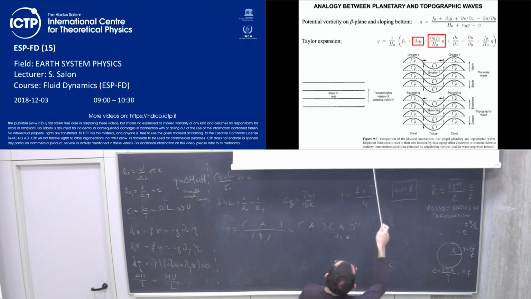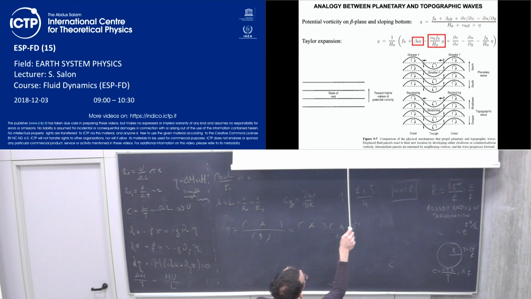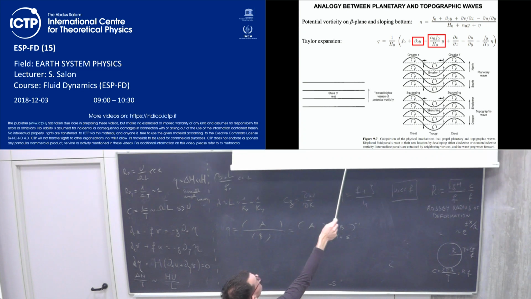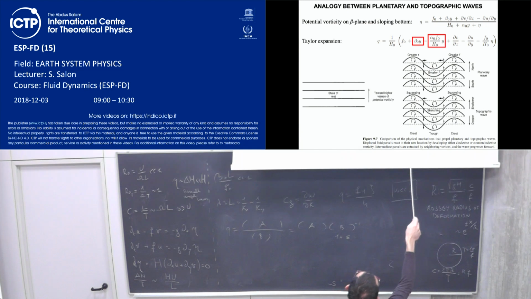So we can rewrite this and put everything on the same line on the numerator, and we found an expression of potential vorticity which depends on F0, beta 0, alpha 0, F0, H0, and then the relative vorticity, and finally a term which depends on eta.